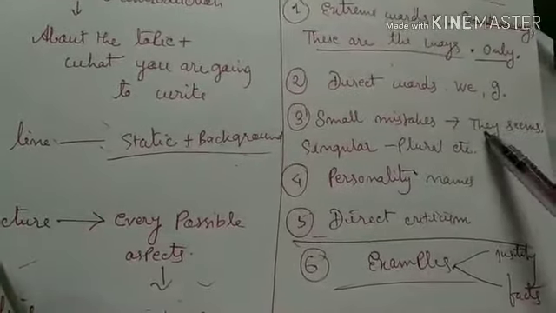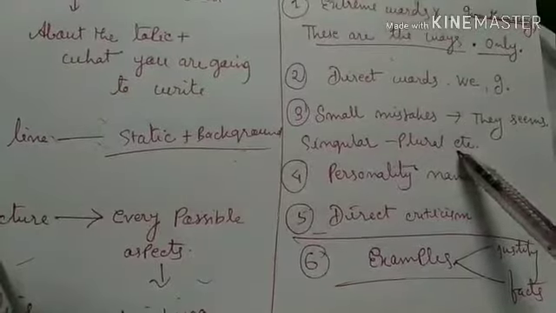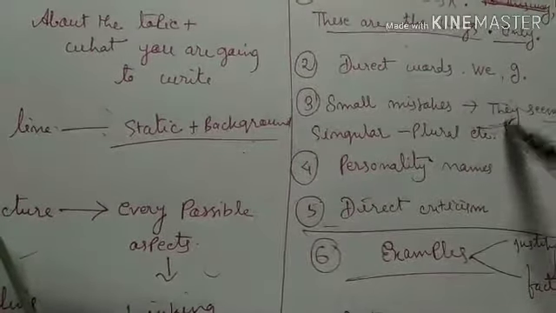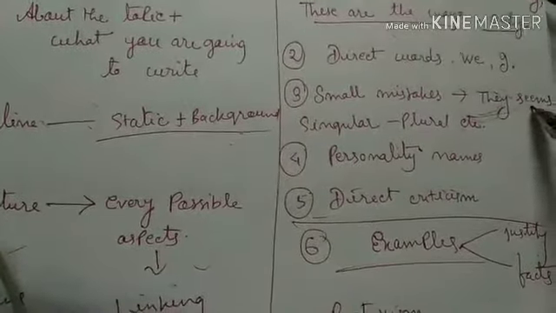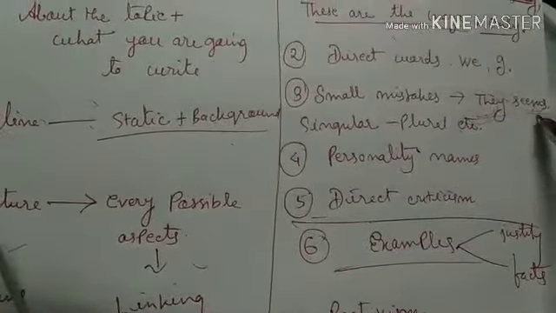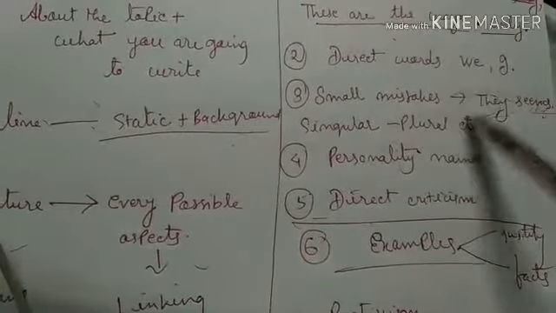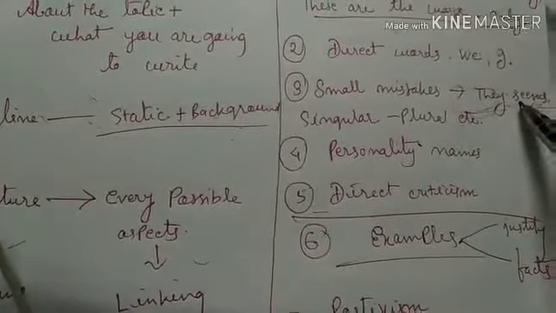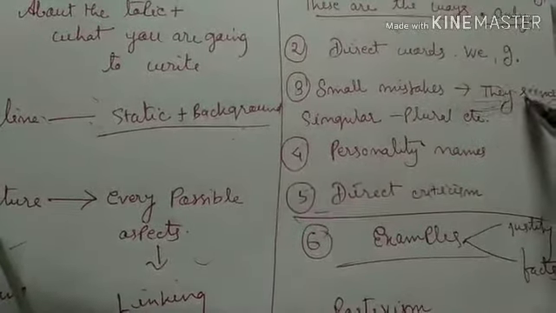Small mistakes. Do not make small grammar mistakes like "they seems." After "they," whatever verb comes, that verb will not carry an s. Only the third person singular carries the s in the verb. So "they seem."